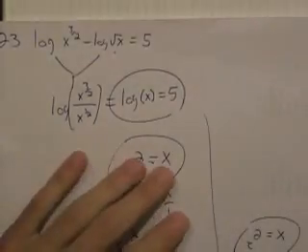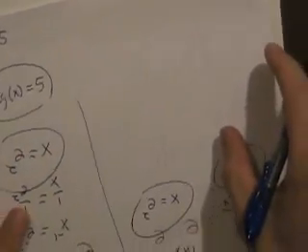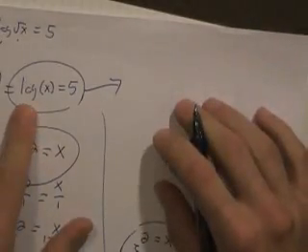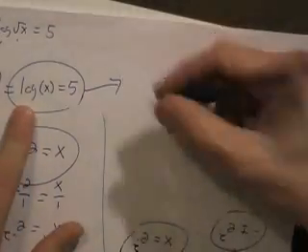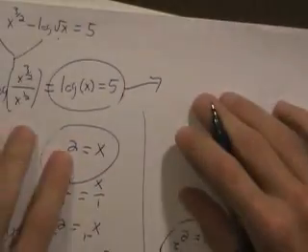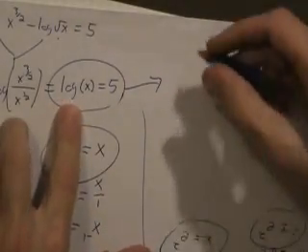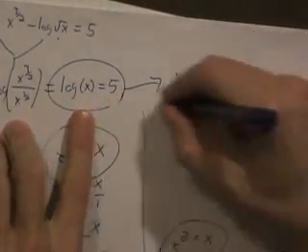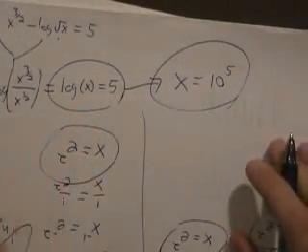And from here we know how to take it. You just exponentiate both sides with 10, so you'll have 10 to the log of x, which is x, equals 10 to the 5th. So that's it, 10 to the 5th for that one.